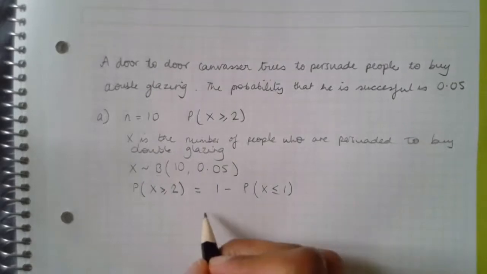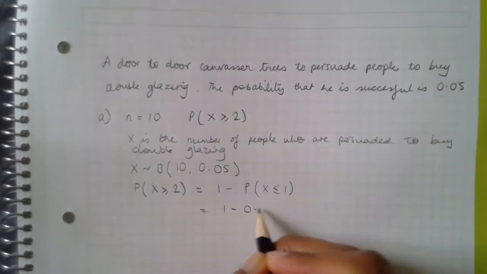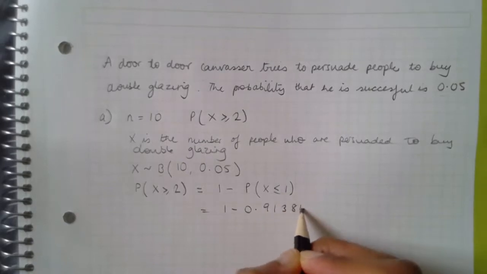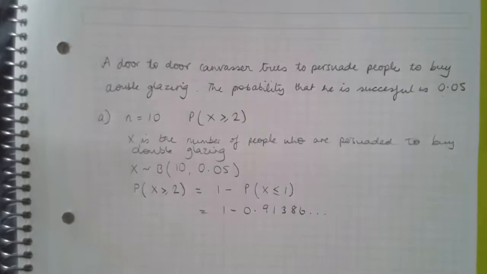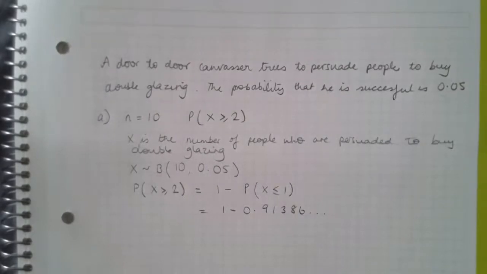So 1 minus 0.91386. Now I've always said this, have another calculator ready, because you can easily use that to do the 1 minus probabilities.